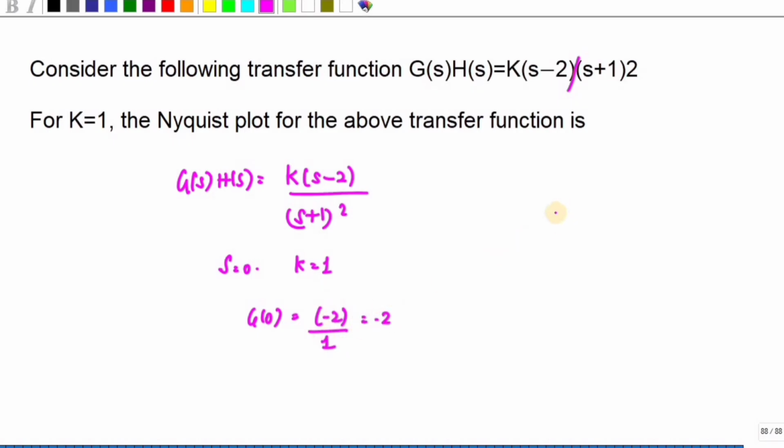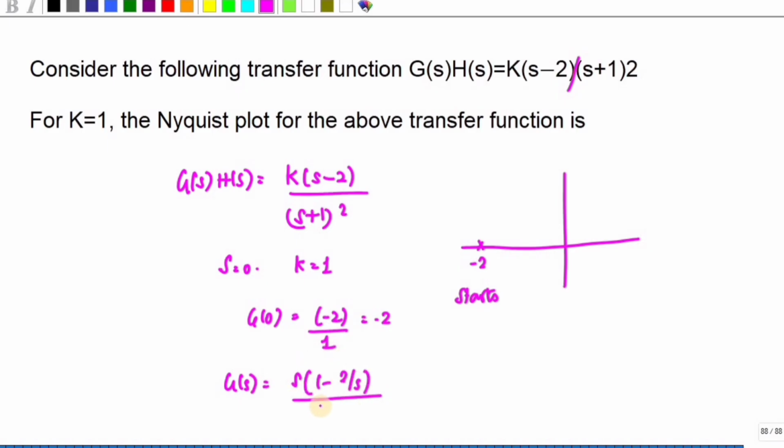So at s = 0, it starts from −2 and it is going to end at s = infinity, right? So if I substitute s = infinity, I'm going to take s common from the above equation, so I will get s(1 − 2/s) divided by s²(1 + 1/s)².